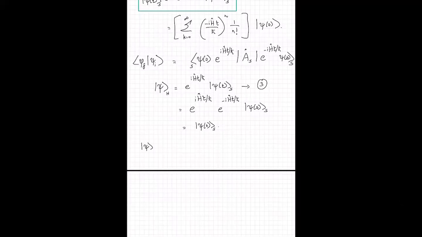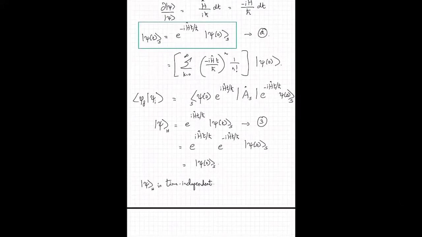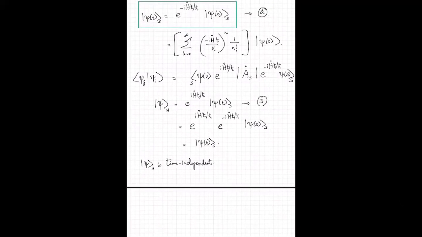So psi H is time independent, which means at every point in the evolution, I can either look at the Schrodinger ket, which is an explicit function of time via equation 2, or I can describe the system using the Heisenberg ket, which is a time independent quantity. Okay.